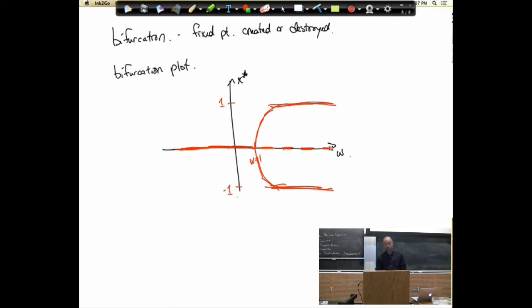Okay, now there's a whole field of bifurcation analysis for nonlinear systems. This is just one cartoon. It happens to be a fun one because this is called a pitchfork bifurcation, right? Oh, well, I don't know if it's even the most fun. There's all types of bifurcations out there with goofy names. If you Google, you'll find some of them.